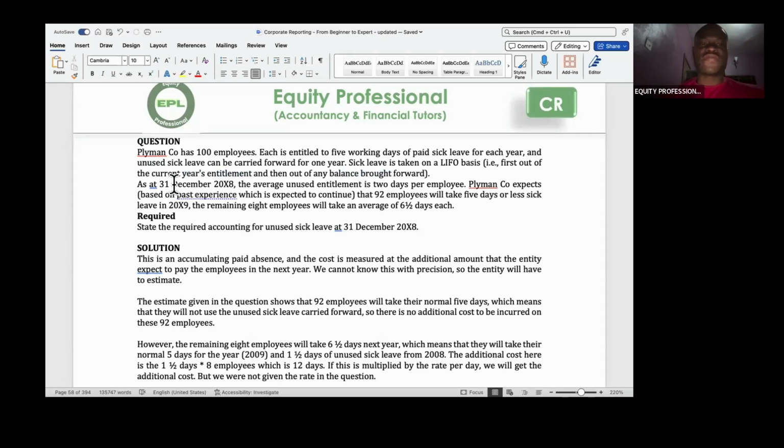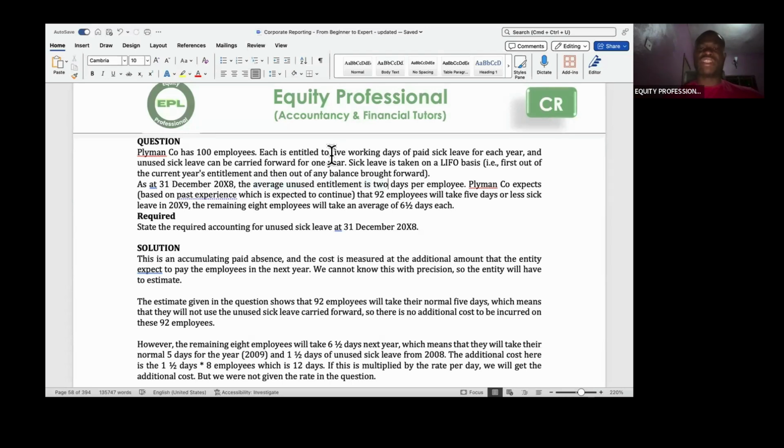We're now told that at 31st December 2008, the average unused entitlement is 2 days per employee. Okay, that means at the end of this year, our employees did not use 2 days, at least on the average, 2 days.